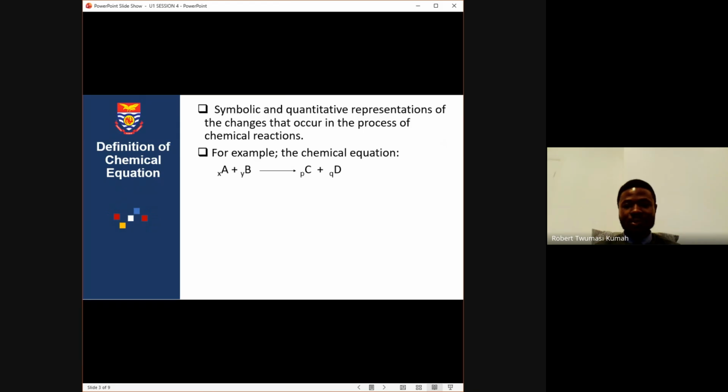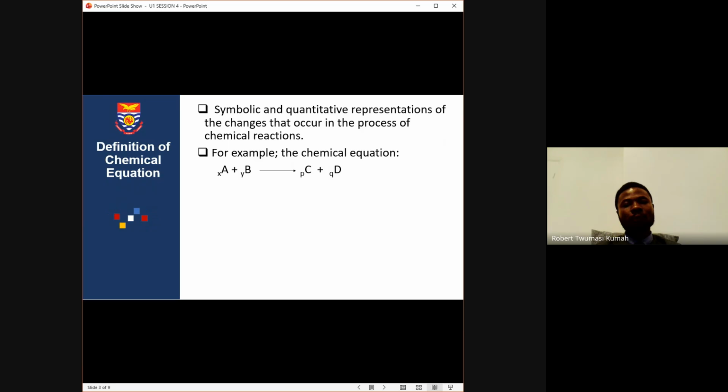Then the issues will pop up. And when you write a symbol equation, you need to also balance it. That is also something of much concern. But at your level, we should be looking at formulas, symbols, rather than words.